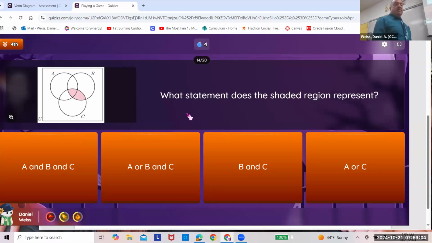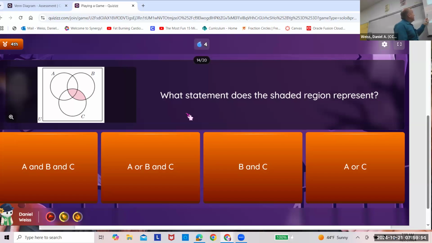So here, all right, over here, this is gonna be B and C. But it's not, wait. But A has to be involved.